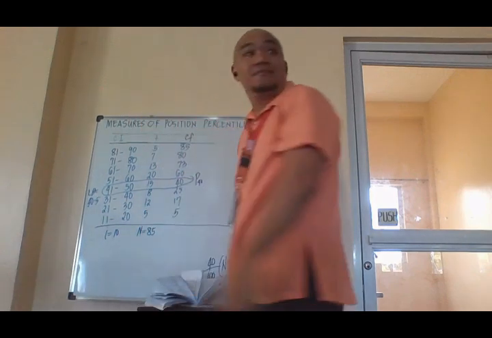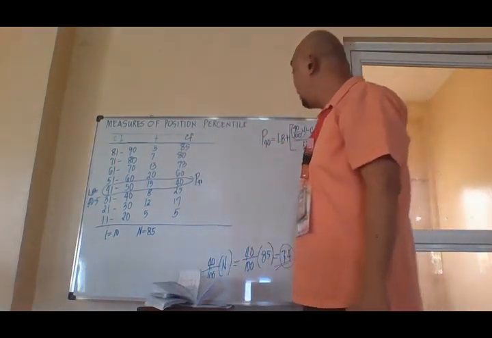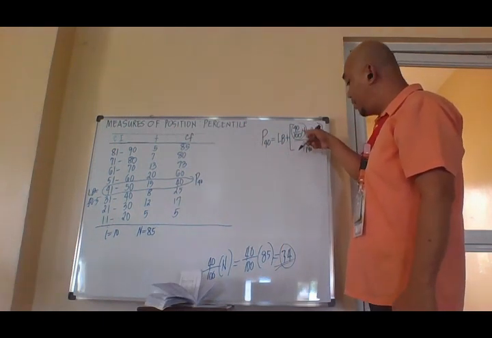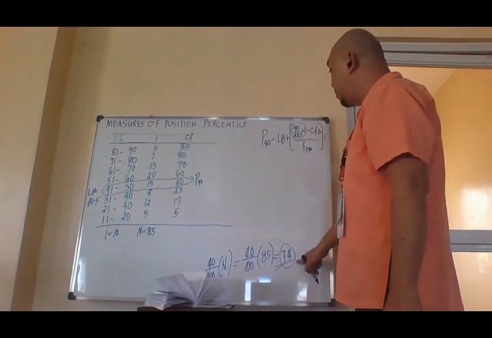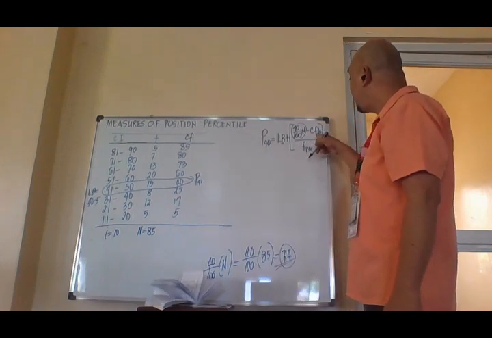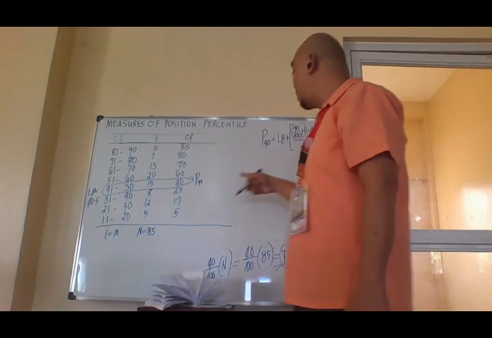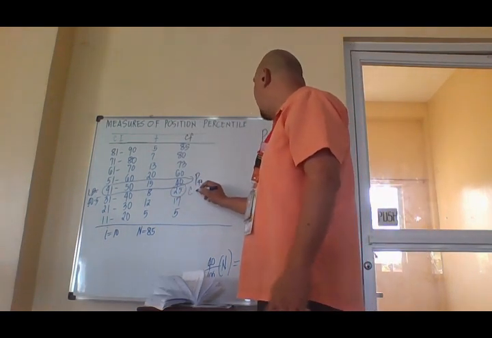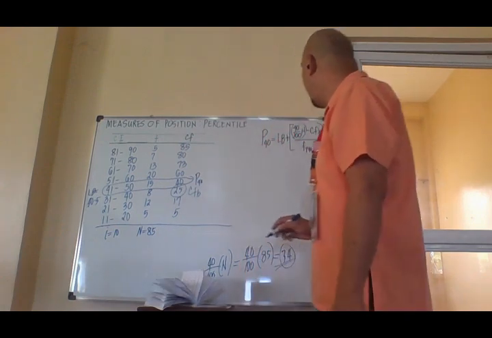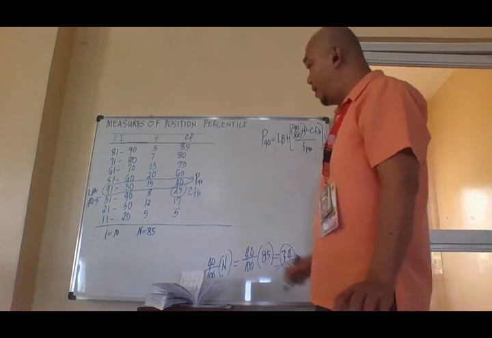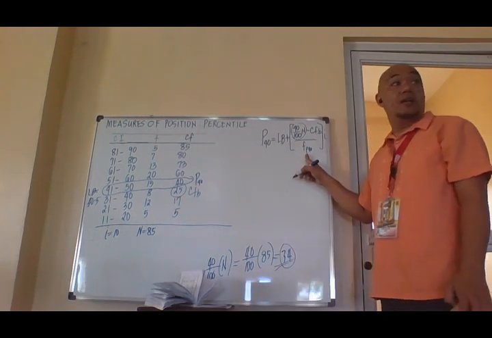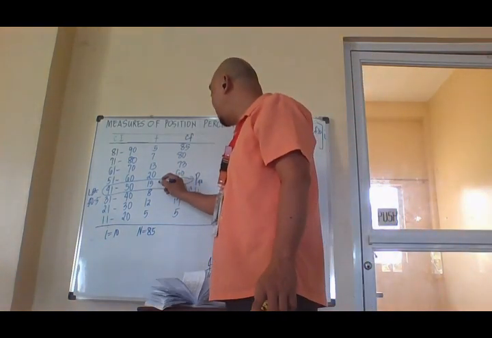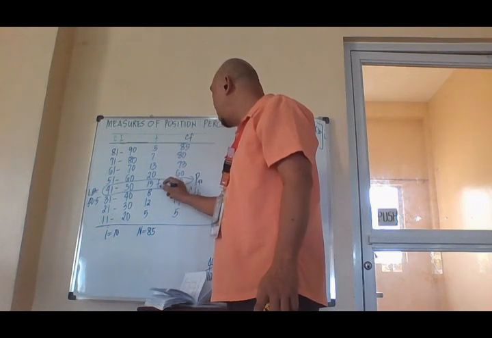And then we have 40 over 100 times n, so that is 34. The cumulative frequency before the 40th percentile class is 25. And then last, we have the frequency of the 40th percentile class, which is 15.